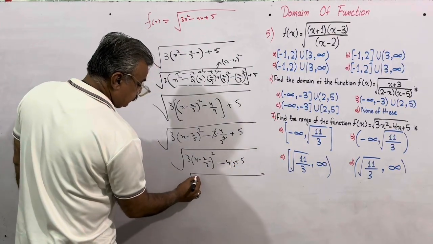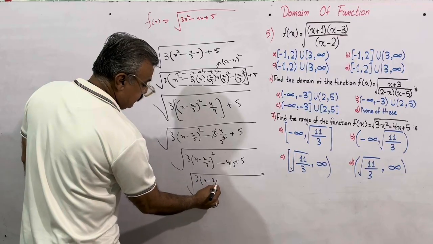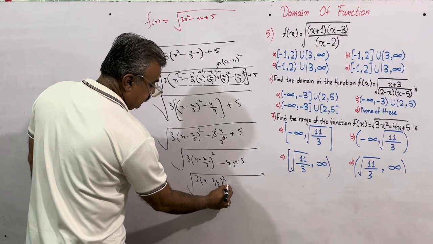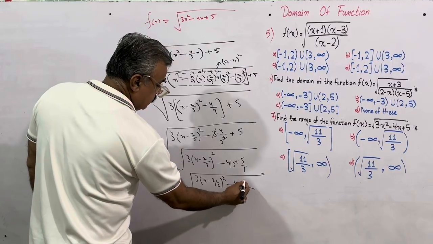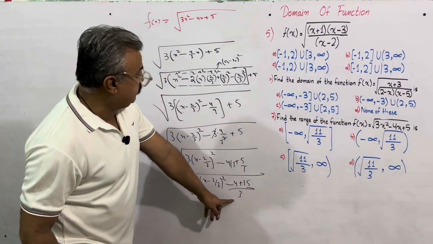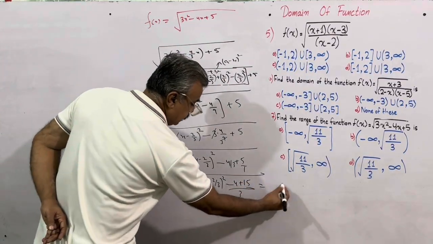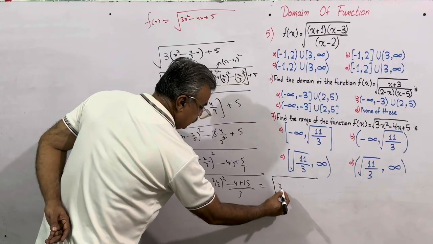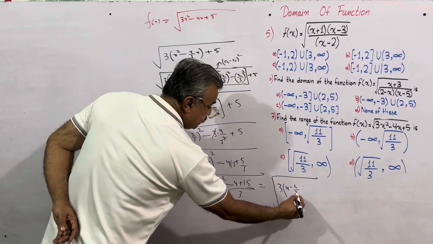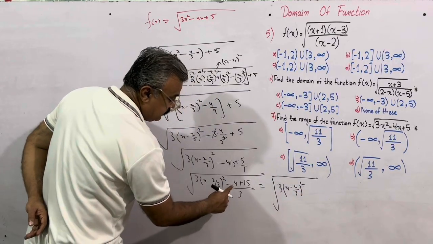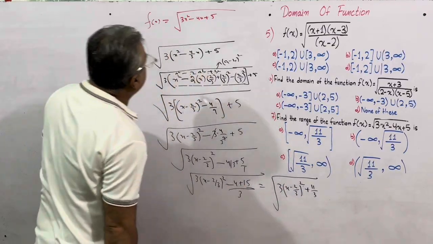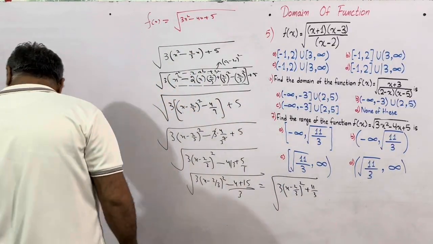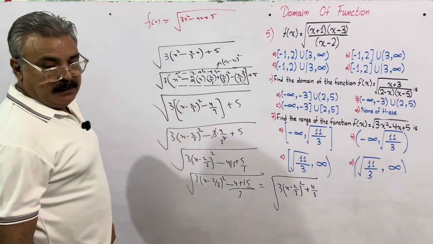Taking the LCM of the constant, I have 3 as LCM, minus 4 plus 15. Minus 4 plus 15 gives 11 over 3.